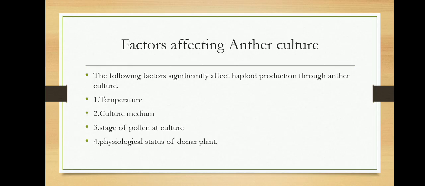Here high temperature, that is more than 20 degrees Celsius, had a promotory effect on pollen embryogenesis in tobacco and datura plants. In datura plant, the optimum temperature for anther culture is 25 degrees Celsius.